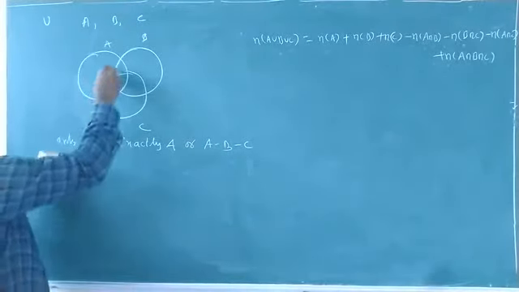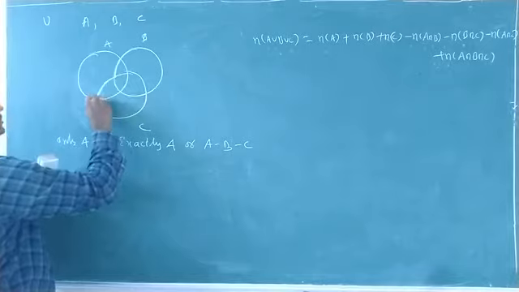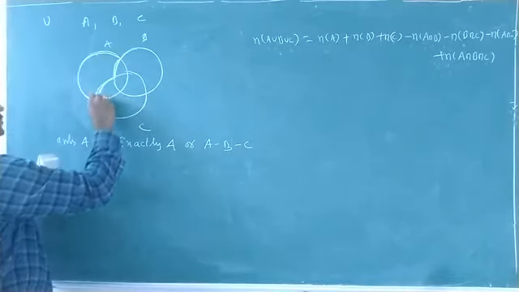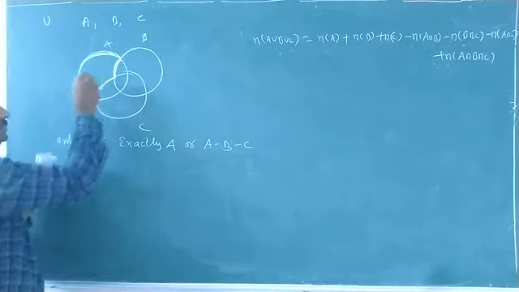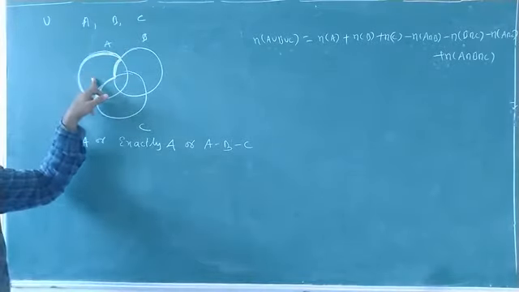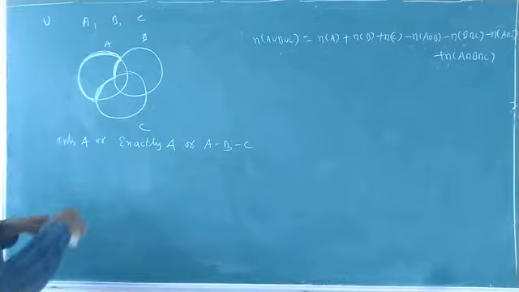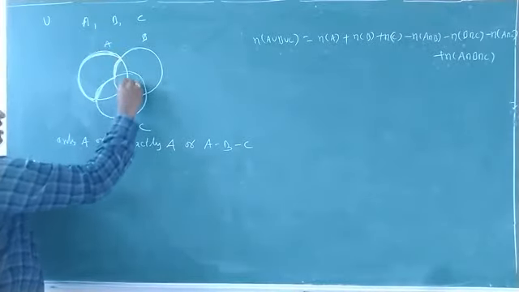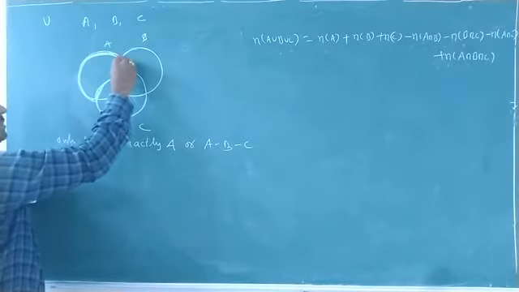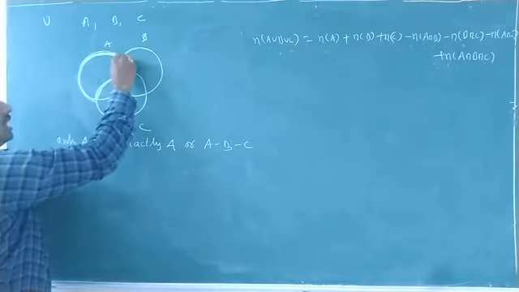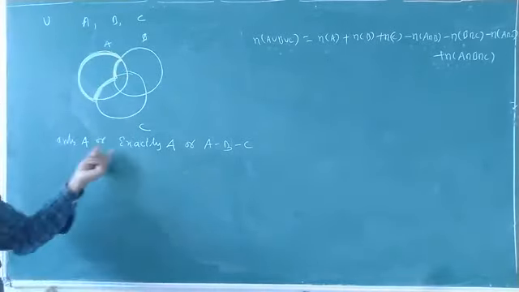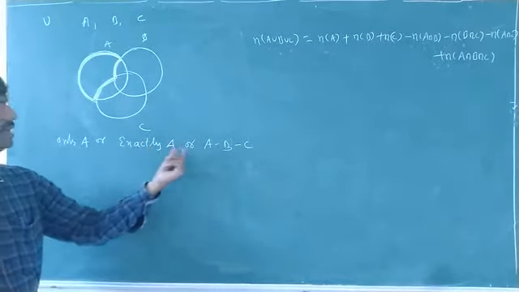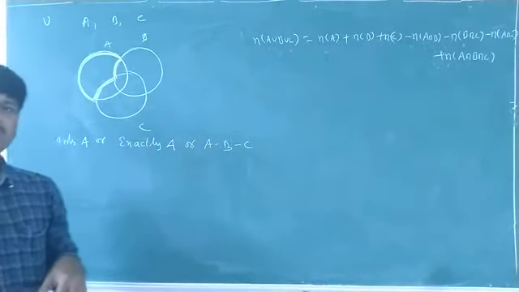This part only. Are you understanding? Listen carefully. This part is only A, not A. A means this total set. Only A means this part only. Only A, or exactly A, or A minus B minus C. You can write like this.